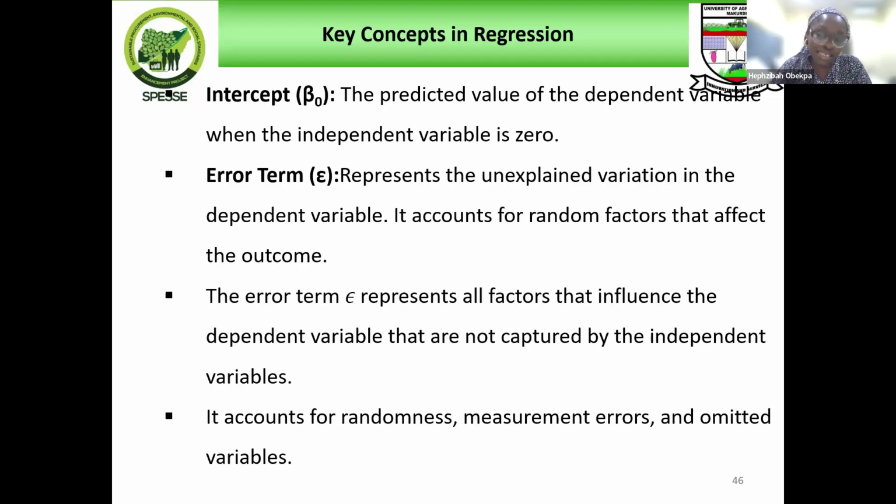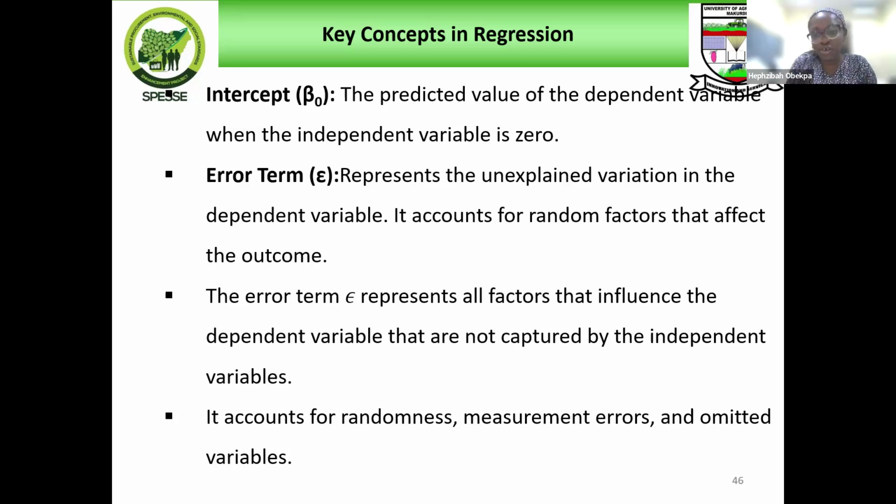It accounts for random factors that affect the outcome, those random factors that you might not have measured or included in your model. The error term represents all factors that influence the dependent variable that are not captured by the independent variables. It accounts for randomness, measurement errors, and omitted variables.